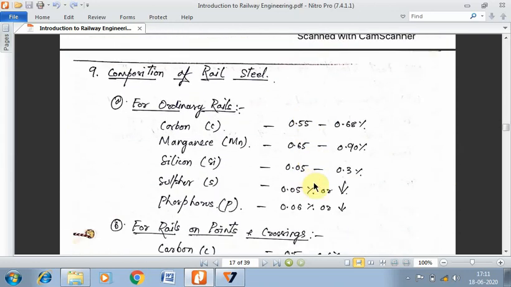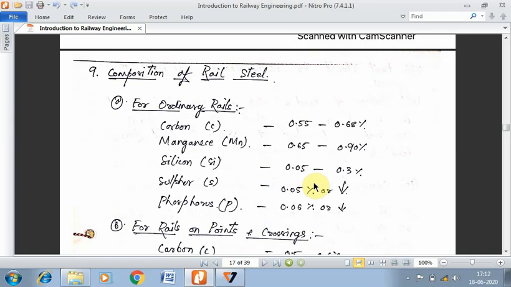Now, these rails, though they might look very simple to us, have a very complicated chemical composition within them, right? And the standards are very specific. Even a slight variation in the chemical composition during the manufacturing process will lead to a lot of complications in terms of failures and distresses in the rails when they are used at the site.